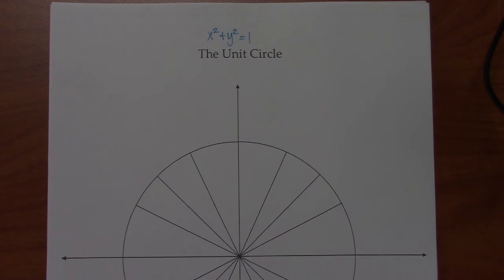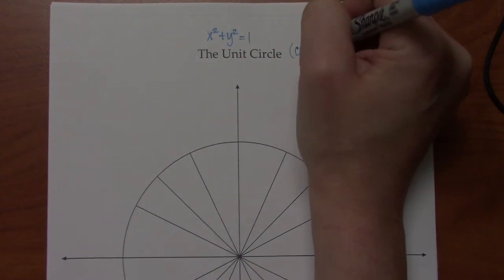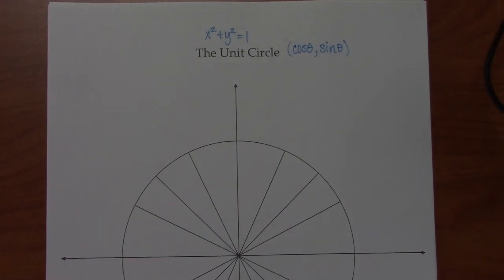Furthermore, we just talked about that if you're measuring all the angles in standard position, every point on this circle gives you cosine comma sine of that angle. Cosine's going to go with x, sine's going to go with y. So this thing is actually better than a calculator once you get it filled in, right?